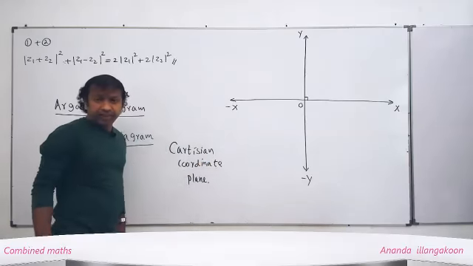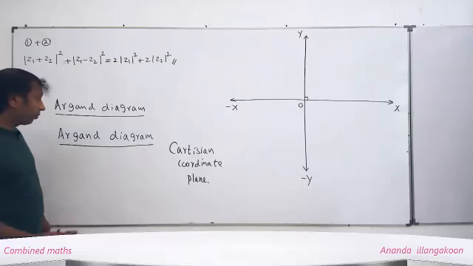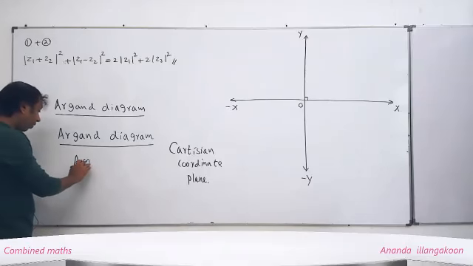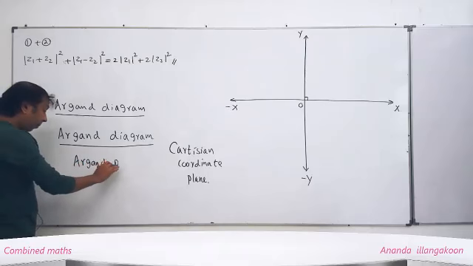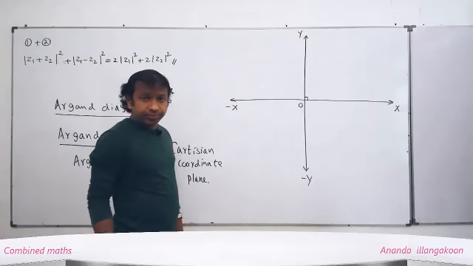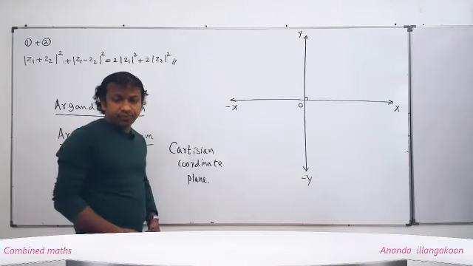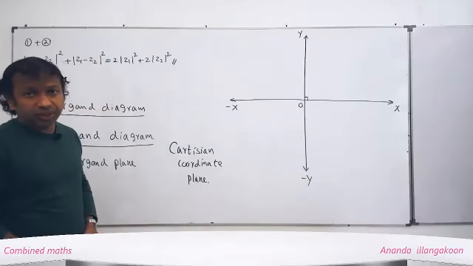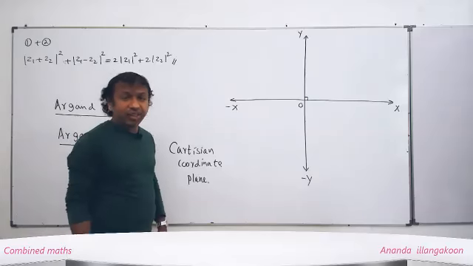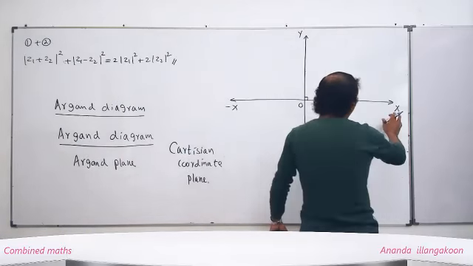Right, people, the same plane we consider as the Argand diagram, or sometimes called the Argand plane. But there are a few amendments. This x-axis, people, we term the real axis. The y-axis we term the imaginary axis. That's the only difference between the Cartesian plane and the Argand plane. This is now the real axis.